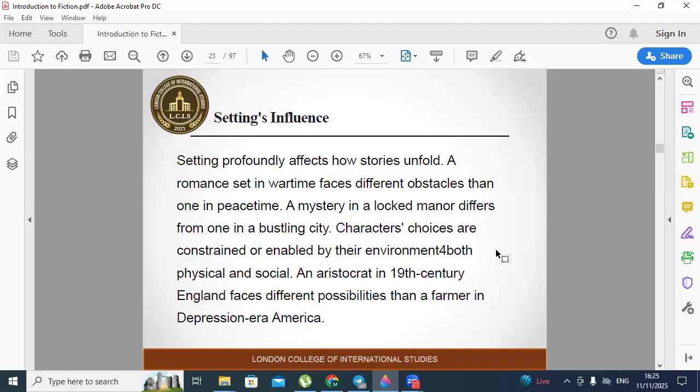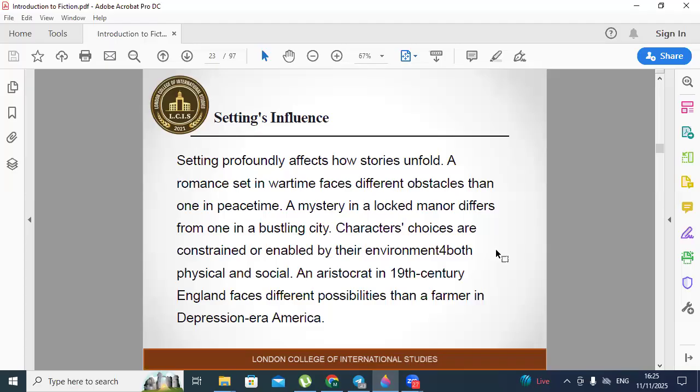An aristocrat in 19th century England faces different possibilities than a farmer in colonial America. Gender matters differently across settings. Racial identity means different things in different times and places.